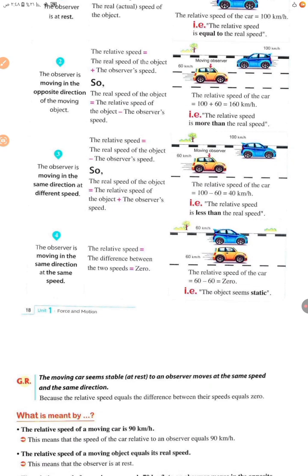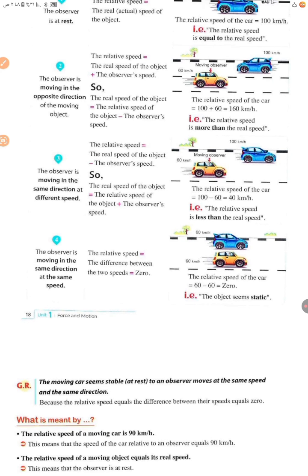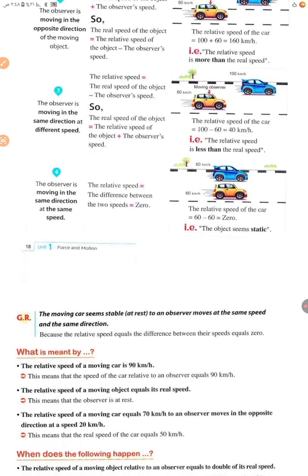The relative speed is less than the real speed, أقل. يبقى أنا عندي لو هما الاثنين في نفس الاتجاه يبقى السرعة النسبية أقل من السرعة الحقيقية. لو هما الاثنين في عكس الاتجاه يبقى السرعة النسبية أكبر من السرعة الحقيقية. حالات مهمة هيجي على مسائل.